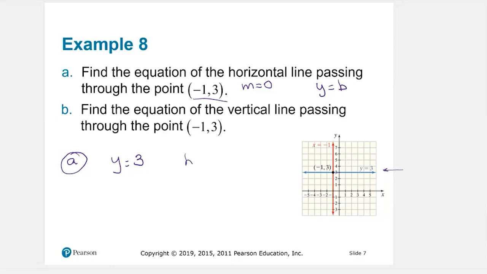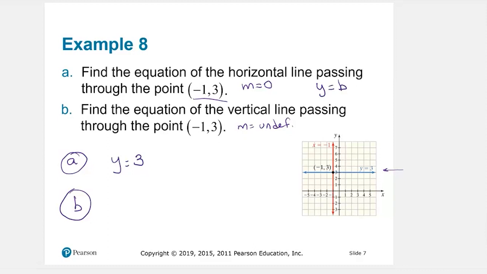So you know we're looking for the horizontal line, which is always y equals b. And then for the vertical line, well, now we have the slope is undefined, so I can't really use my slope equation.